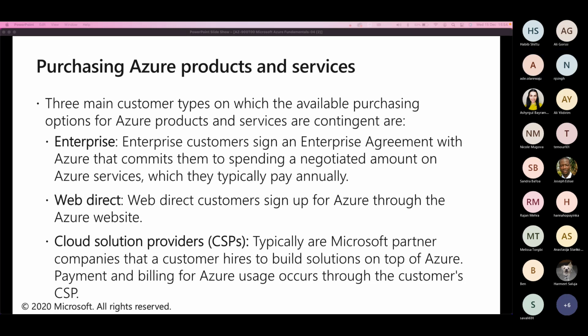Payments and billing for Azure usage occur through the customer's cloud services solution provider. So the way this works, for instance, if you are an organization that needs a new customer resource management system, for instance, or some integrated software development that should work with Office 365 and manage lots of other things.